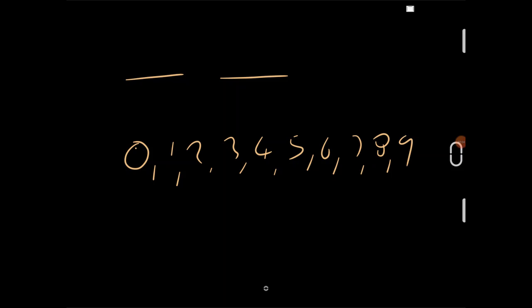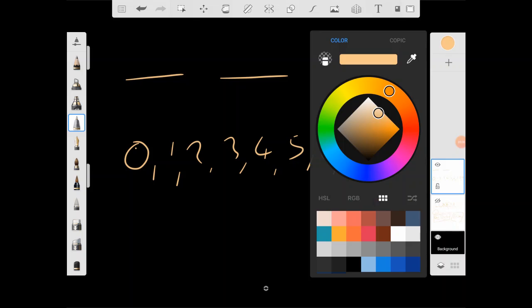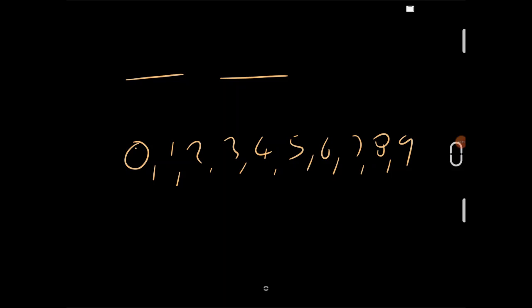These numbers, 0, 1, 2, 3, 4, 5, 6, 7, 8, 9, are called Indo-Arabic numerals, because they were actually made by Indians in very early ages, around 500 AD, many centuries back.